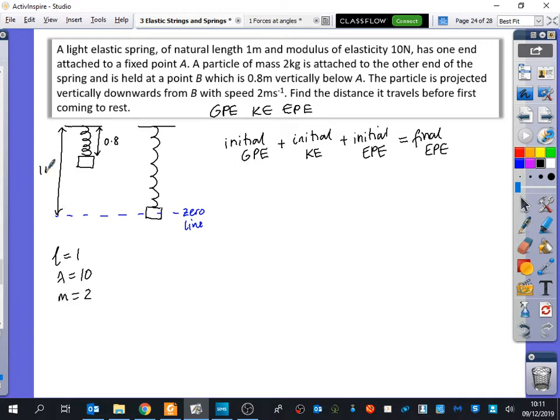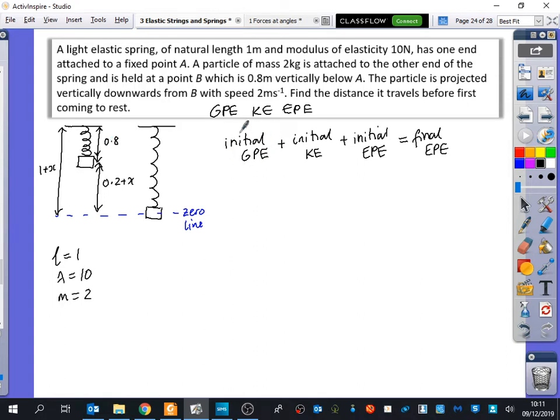The whole thing is just 1 plus x. But it doesn't start at 1 plus x. Oh yeah, we can say that. So it's 0.2 plus x. I really should have those arrows meeting at the middle so it makes a bit more sense, okay? So that's the height that it has above the zero line: 0.2 plus x.